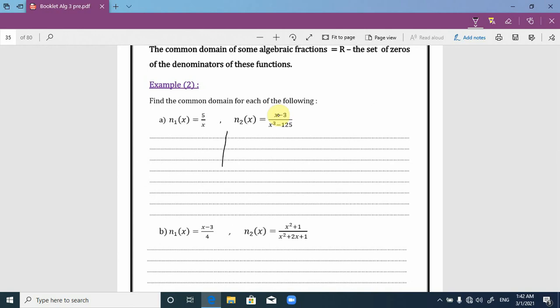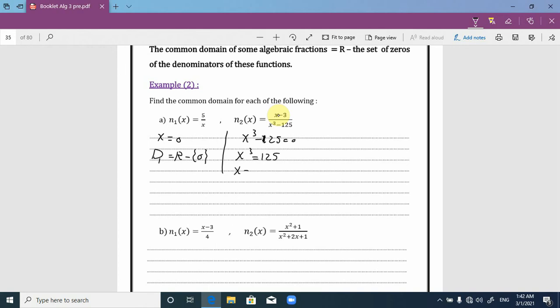Okay, we have here n1 and n2. For n1, put x equals 0. So the domain d1 equals R minus {0}. Another one, put x power 3 minus 125 equals 0. So x power 3 equals 125.